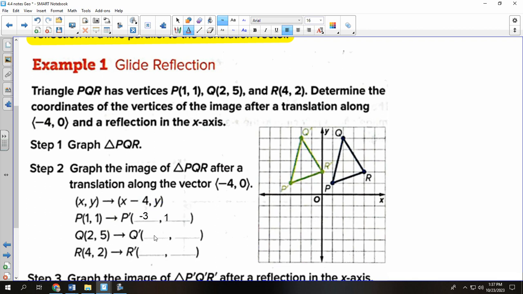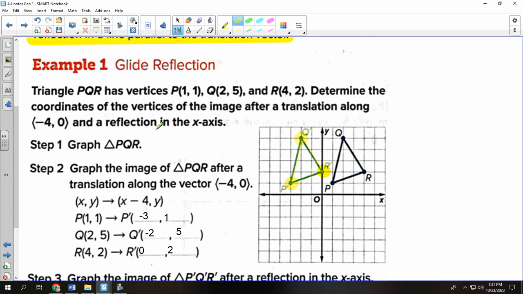Next one, 2 minus 4 is -2, and 5 minus 0 is 5. 4 minus 4 is 0, and 2 minus 0 is 2. So we go ahead and graph that just to see where it goes. We're going to go 1, 2, 3, 4. It's right there. This one goes 1, 2, 3, 4, and 1, 2, 3, 4.